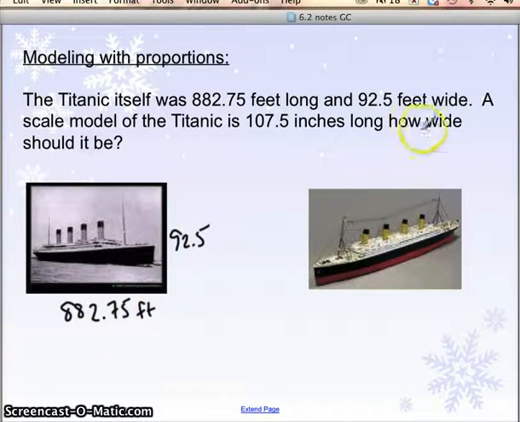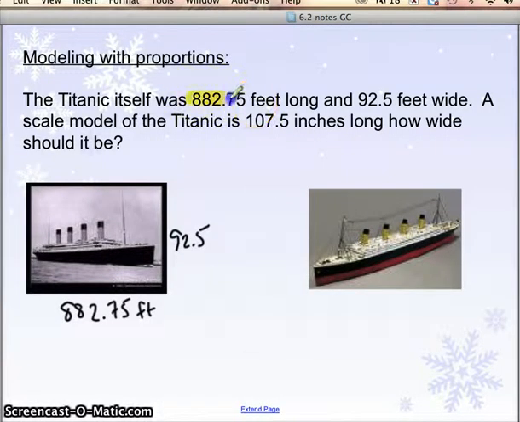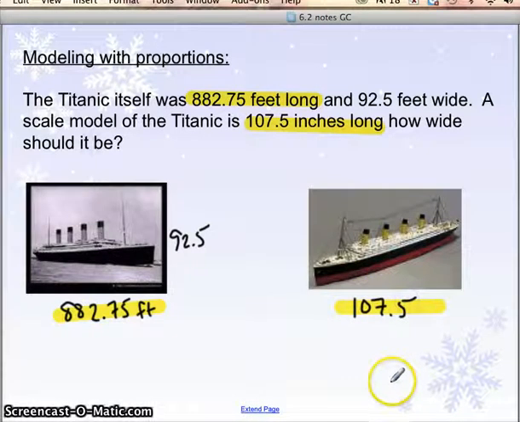And then over here it says that the scale model was 107.5 inches long. Now I got to be careful and put things in the right spot. It was 882.75 feet long, and now the model is 107.5 inches long. So if that was on the bottom, I better put it on the bottom of this one too.